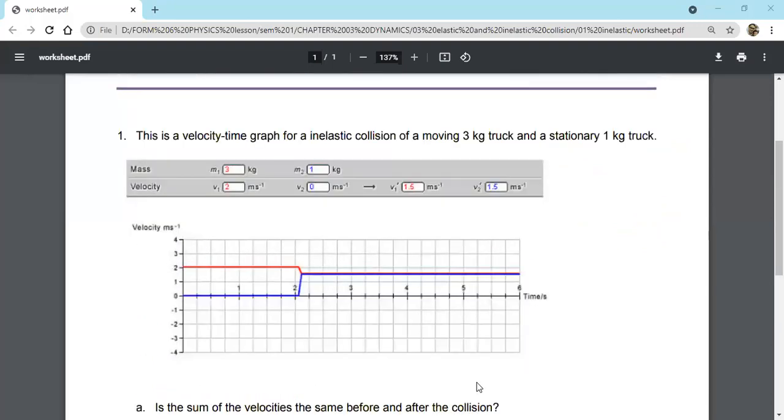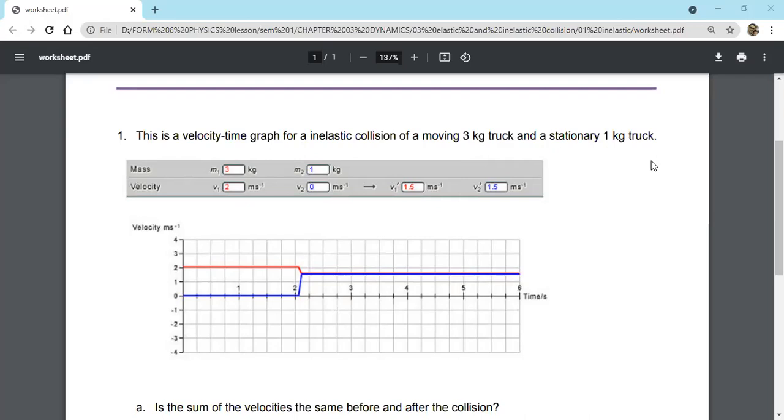Let's say for M1 and M2, the red color shows the velocity of a moving 3 kg truck and a stationary 1 kg truck.